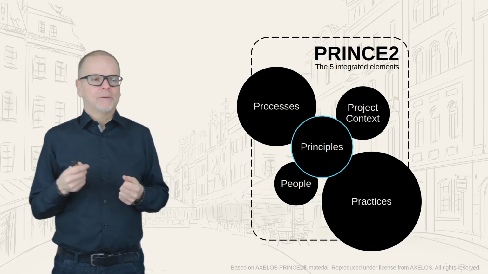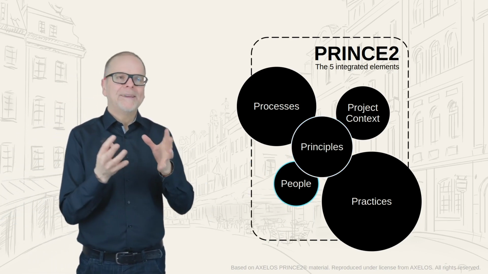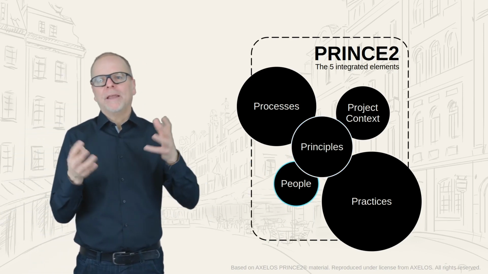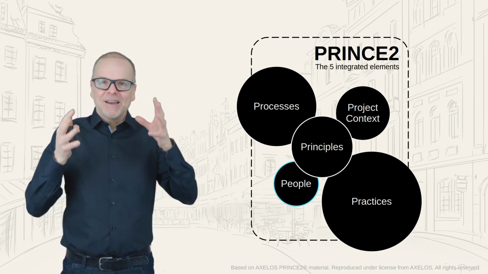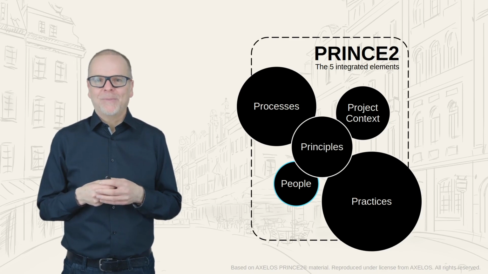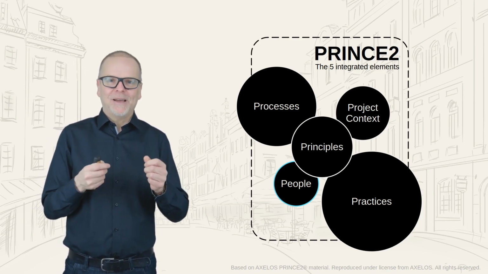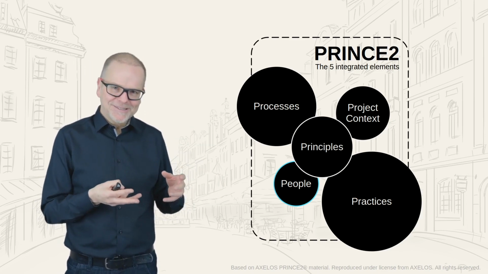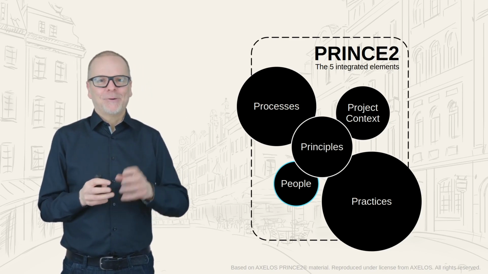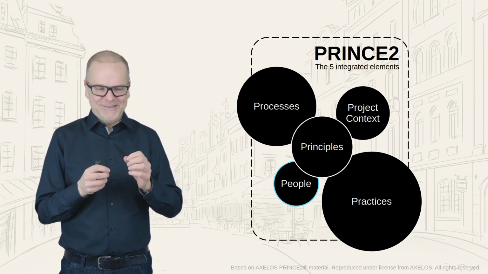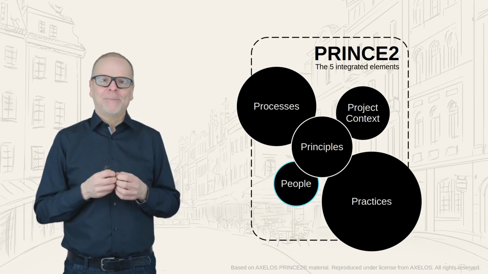Now let's look at people. So why do we give a whole section for people in a project? Well, our project's success largely depends on the people involved. Can you imagine having the wrong people on a project? What's going to happen? Not much, perhaps. So having the right people is good. And we must understand the people in the project.